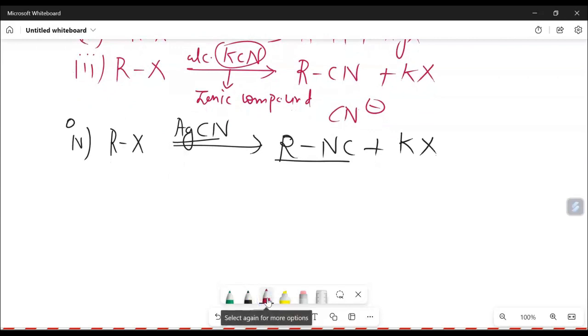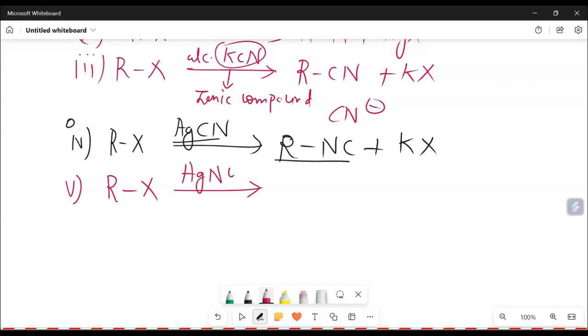So the next one is the fifth one, which is R-X, where X is a halogen atom, reacting with AgNO2. It will form RNO2, nitroalkane, plus AgX.